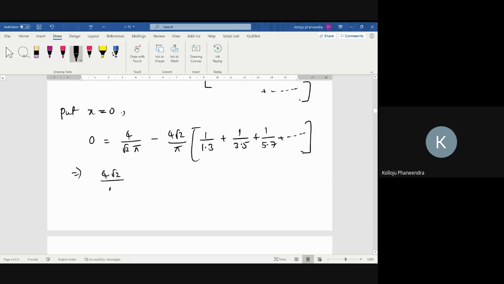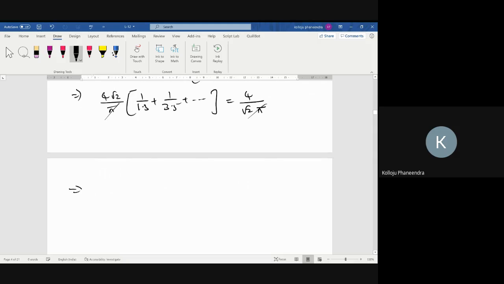So 4 root 2 by pi into 1 by 1 into 3, 1 by 3 into 5 and so on is equal to 4 by root 2 pi. So root pi gets cancelled and the result is 1 by 1 into 3, 1 by 3 into 5, 1 by 5 into 7 and so on is what? 4 also gets cancelled, I think, right? Okay, 1 by 2. The value is 1 by 2.